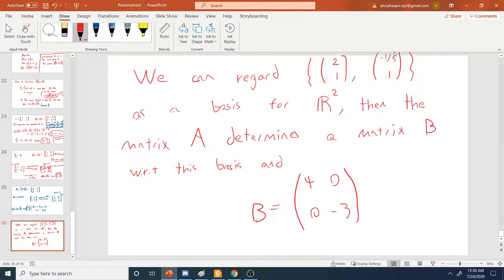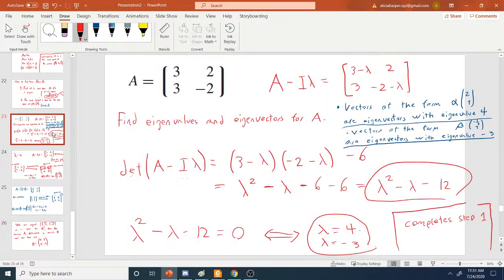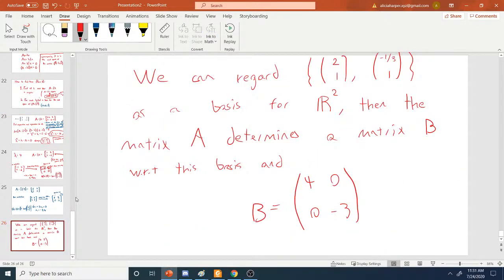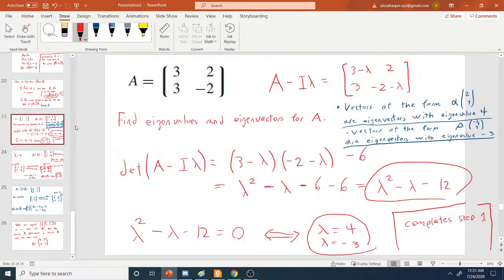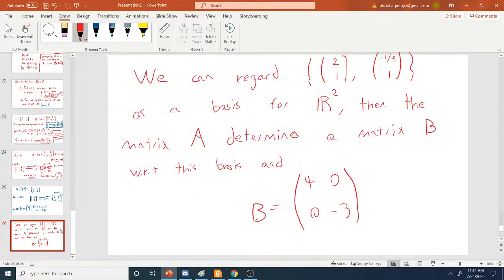So we talked about before that sometimes linear transformations can look nicer in different bases. And with respect to the basis associated to this eigenvector and this eigenvector, it actually just becomes a diagonal matrix with an eigenvalue 4 and an eigenvalue negative 3.